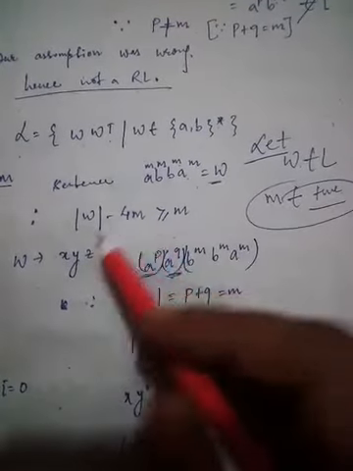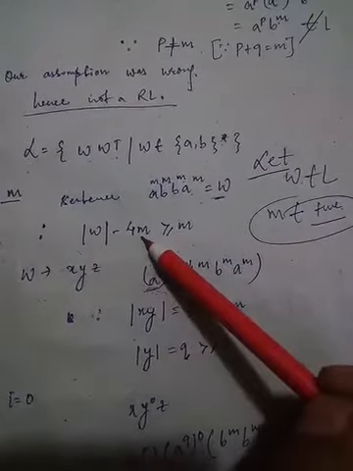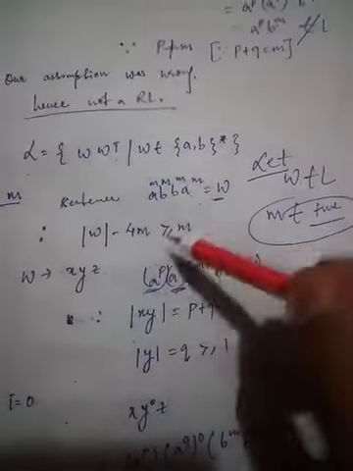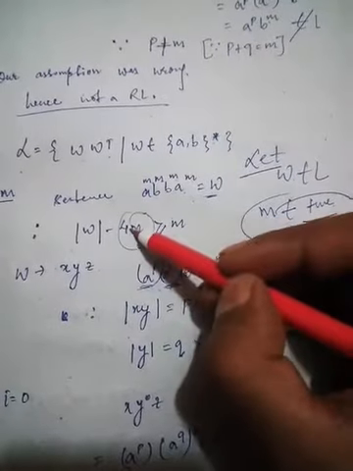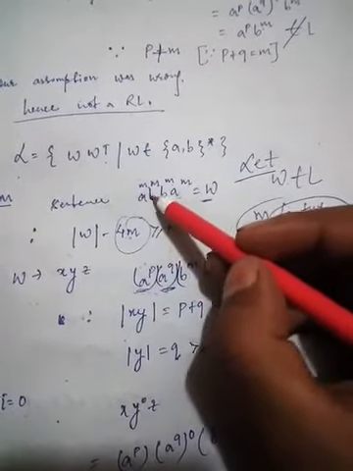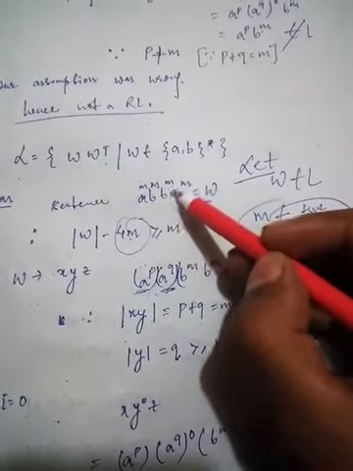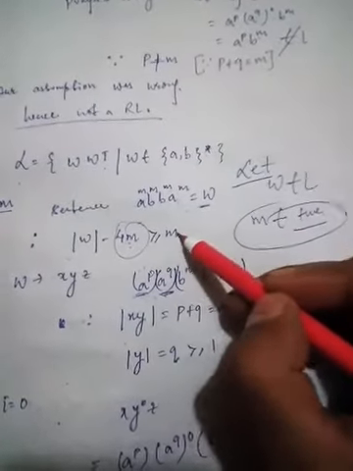As I told you earlier, we take mod W equal to 4m. There are four times m occurring here, so we take 4m, which is greater than or equal to m.